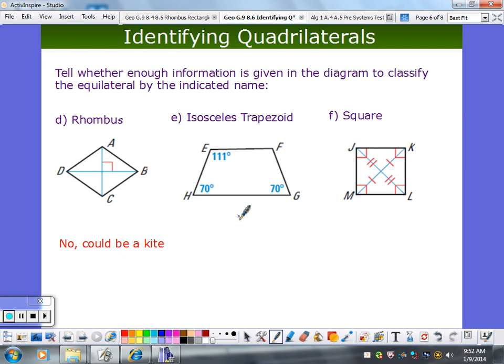Isosceles trapezoid. Well, this part looks good. And let's see, what's this angle? Whenever they give you three, find the other, because that'll give you more information. What's that last angle?